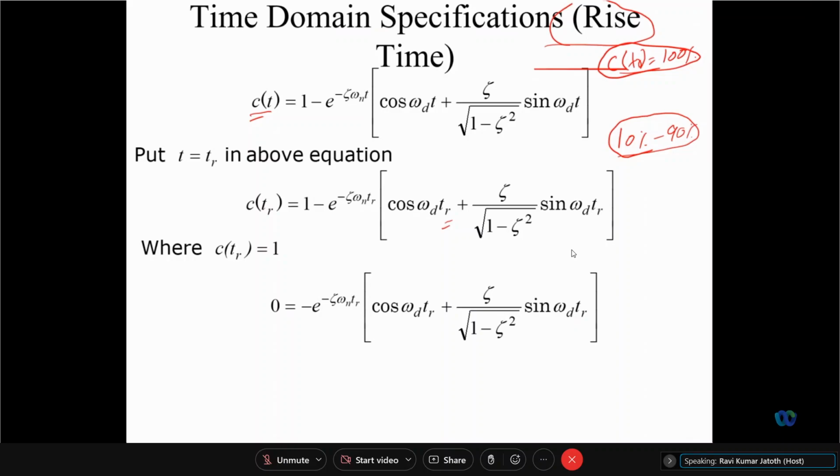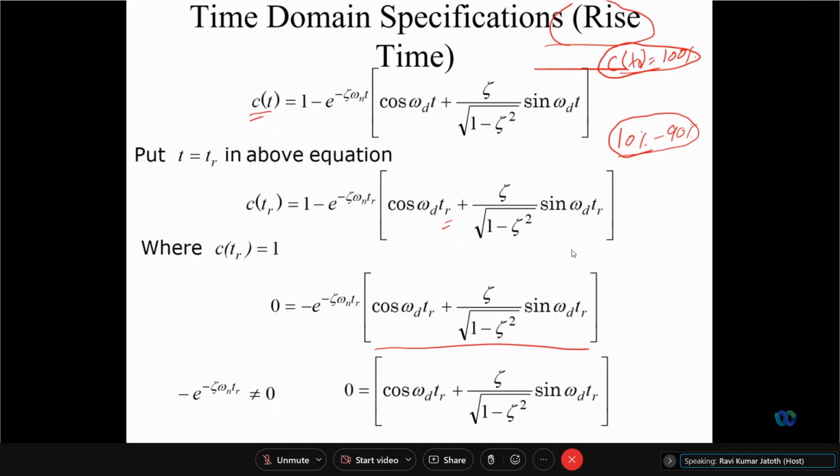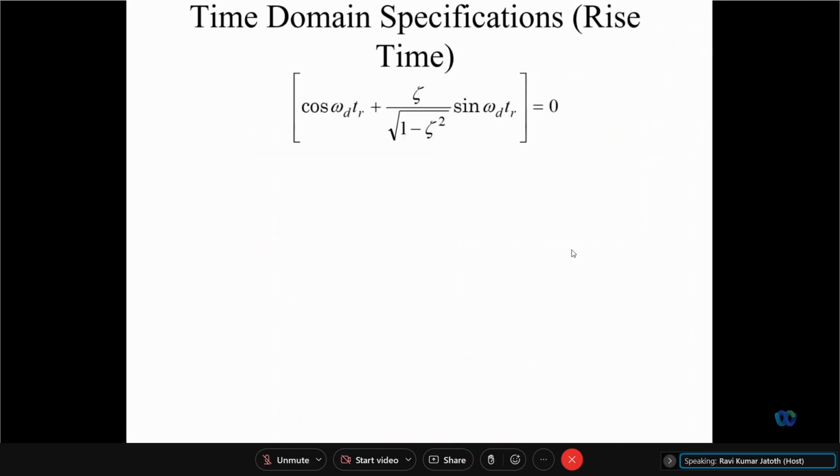Now if you further simplify this, e power minus zeta omega n tr can't be 0, so the other term is equal to 0. When you simplify this, cos omega d tr plus zeta by under root 1 minus zeta square sin omega d tr is equal to 0.